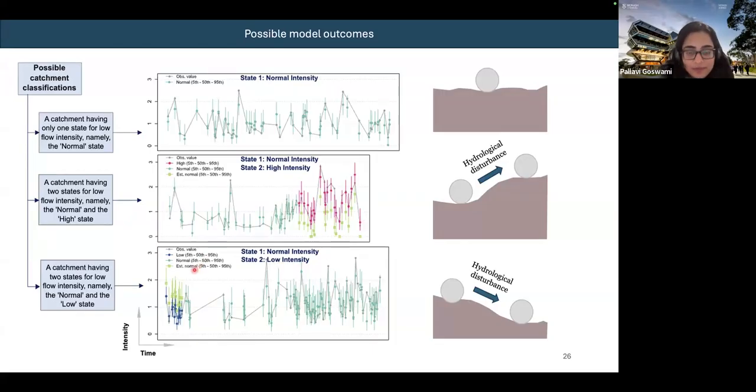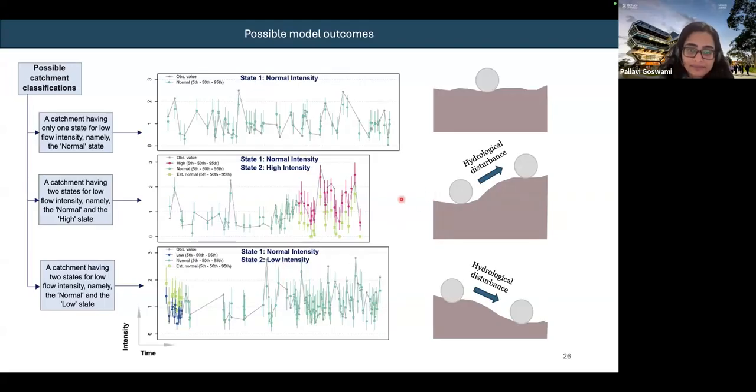And the third outcome could be that the second state, instead of being high, could be low. That means that droughts are becoming less intense because of some reasons. So you've got surplus water somewhere, you've got less water somewhere, depending on how the catchments are linked. So there is a possibility that some catchments could actually see droughts becoming less intense.